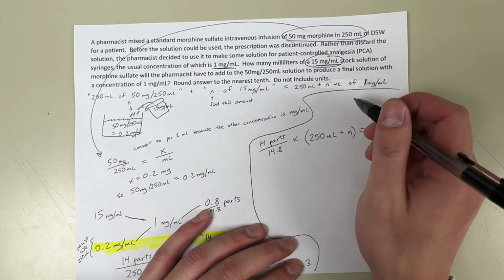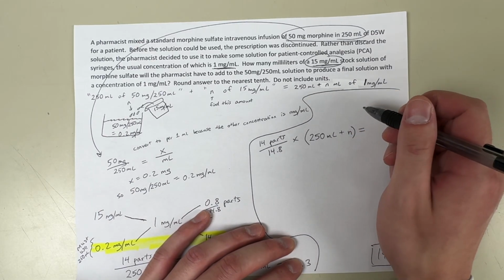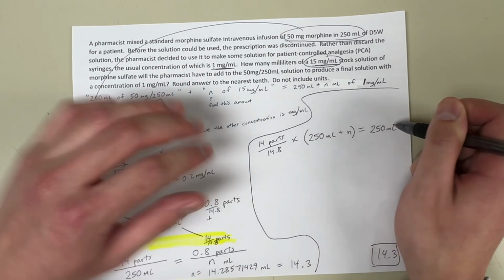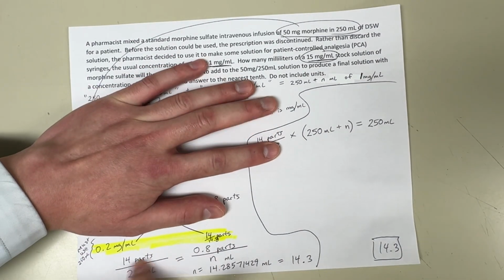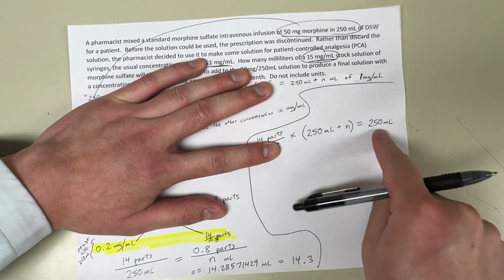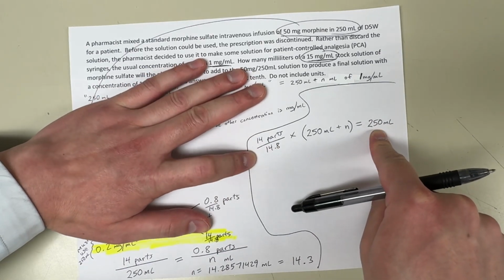That's why I set this equal to 250 milliliters, because I'm only doing this bottom half here, and that's how much to use.